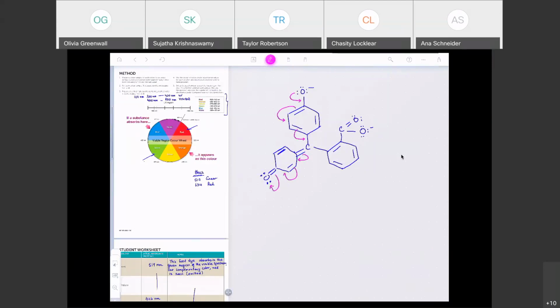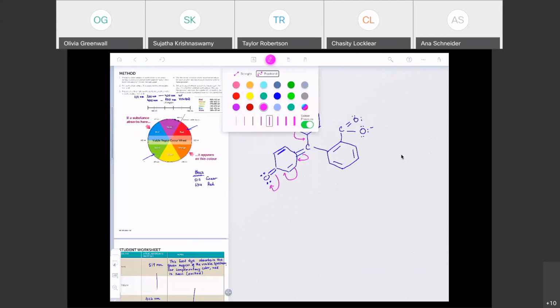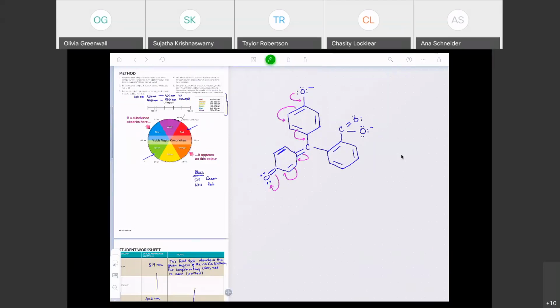So that's one arrow. So let's try another one. Then I'm going to push it on this side. My green is the other one. So there are many different ways I can push the electrons. Then let's look at this one here. There's conjugation there.